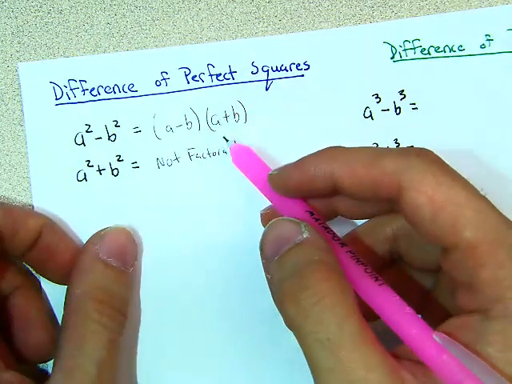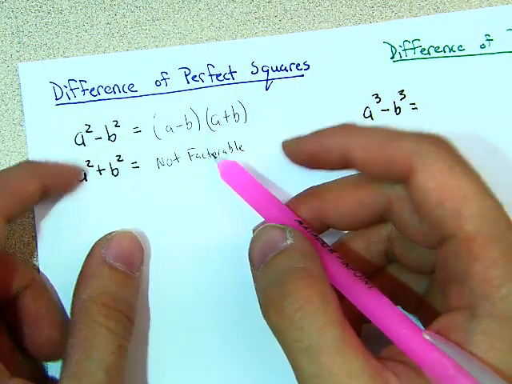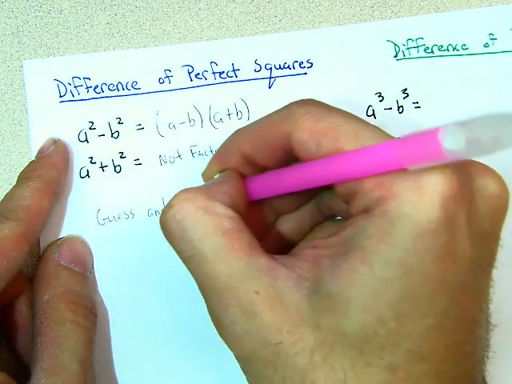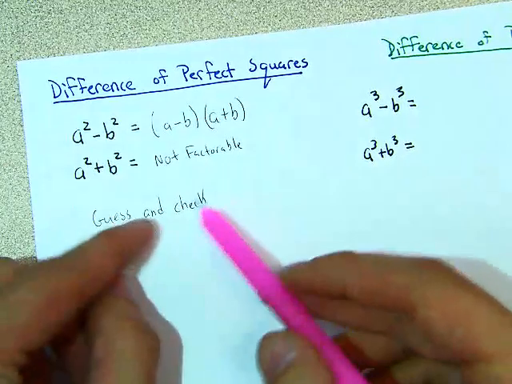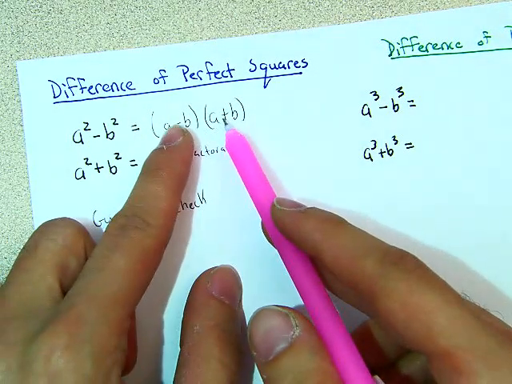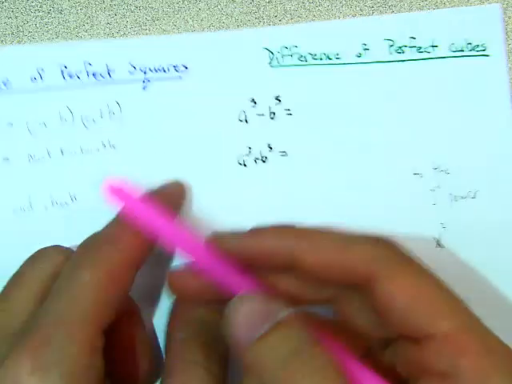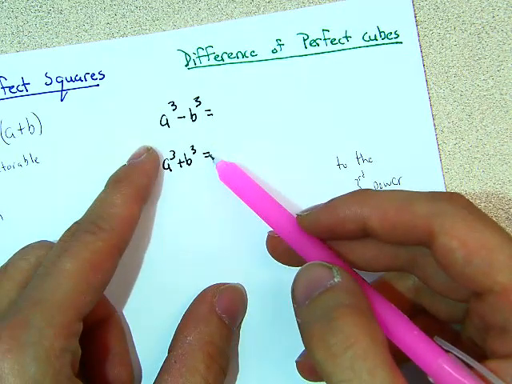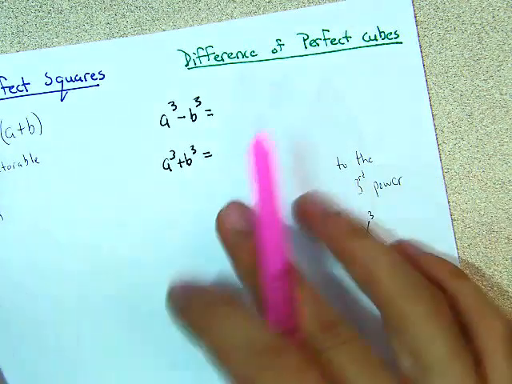How did we know? A little guess and check, right? We just did a little guess and check to figure this out in class. But here, it is not so obvious to guess and check this. There are many combinations that could happen.